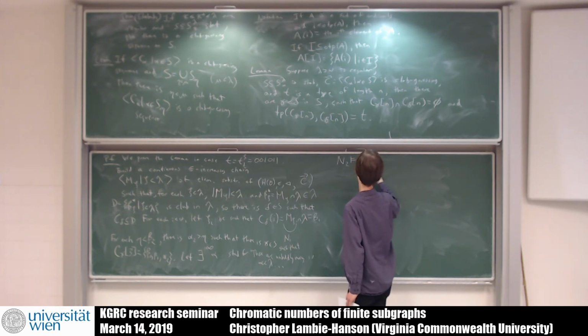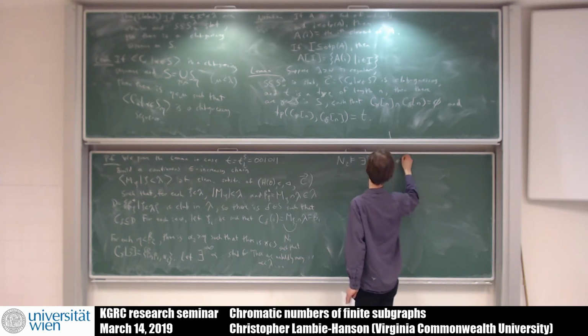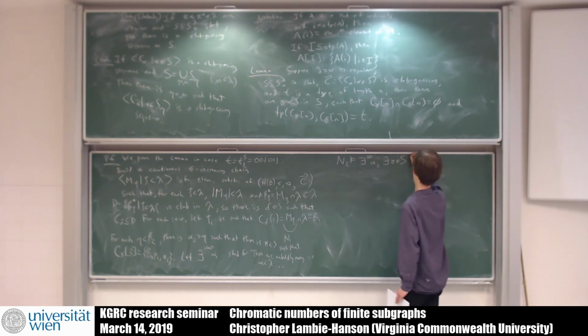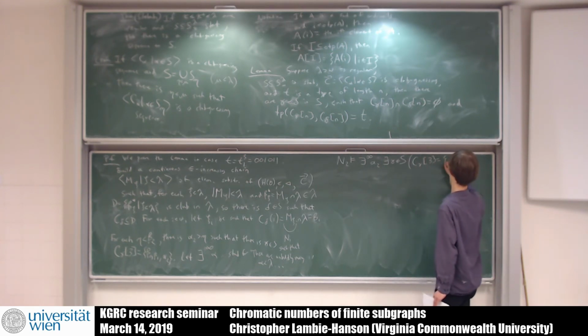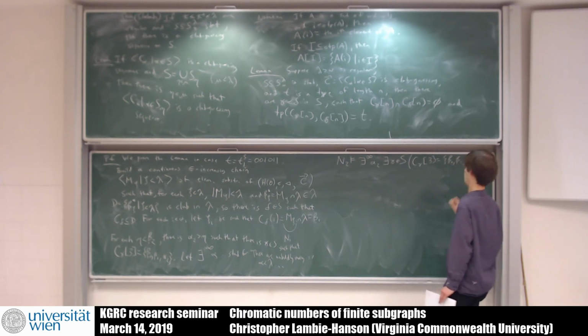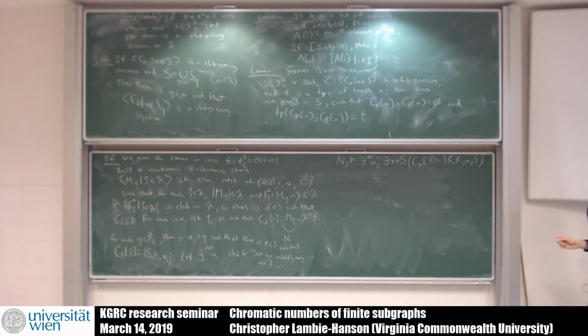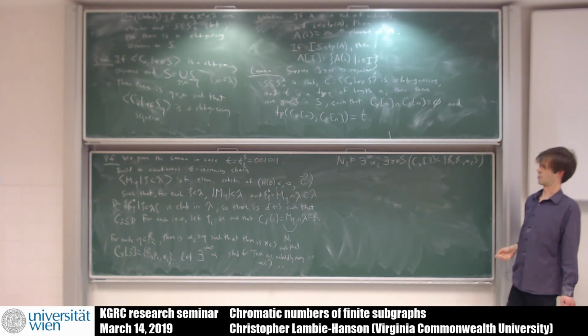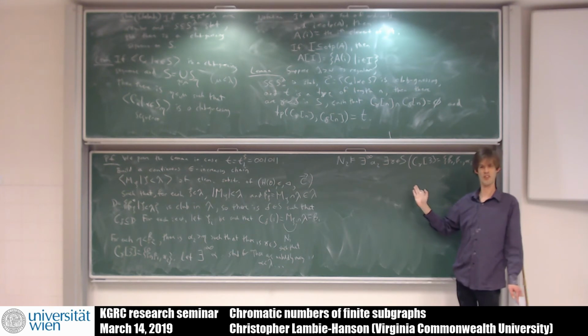There are unboundedly many alpha 2, such that there is gamma in S, such that C gamma of 3 equals beta 0, beta 1, alpha 2. All right, but N2 is elementary, so this statement is actually true.